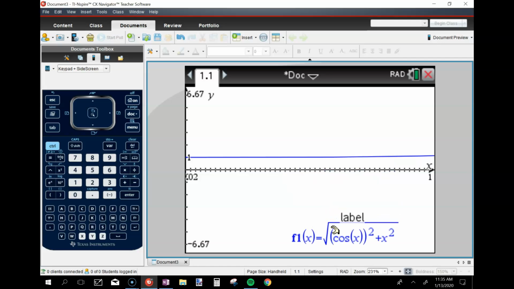Okay, that's my graph from 0 to 1, correct? My question is, is there a minimum?